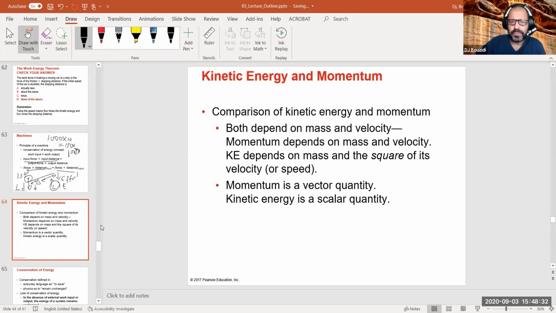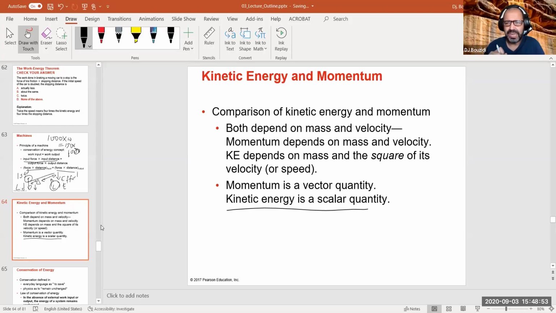So there were some concepts we threw in at the beginning of this chapter, namely the concept of momentum and kinetic energy. There is a difference between them. Kinetic energy is a scalar, a number. It's always in joules, 12 joules, 15 joules, 150 joules. It's always positive, though.